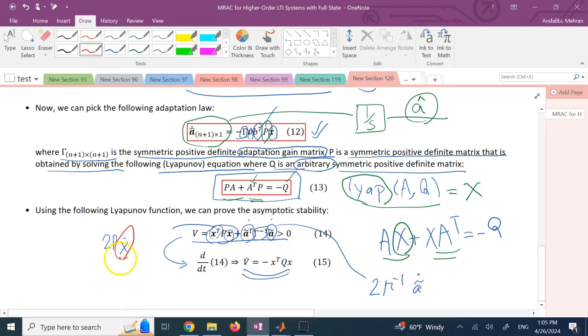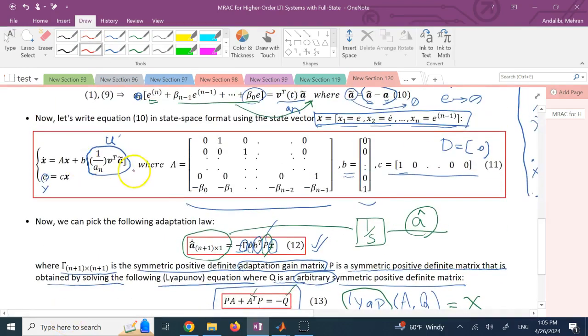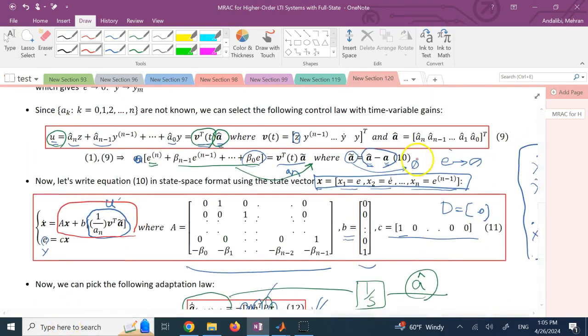And for X dot, you're going to replace it by this. And for A tilde dot, you take a derivative of equation 10. You get A tilde dot to be A hat dot minus A dot, but A is constant, so it's just this.